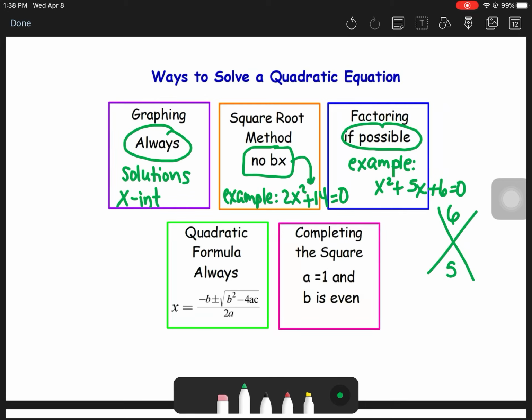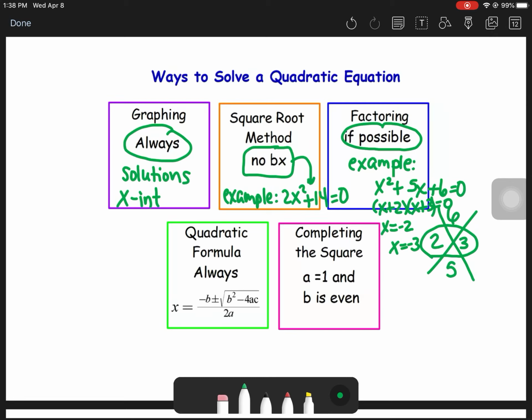What two numbers multiply to be 6 and add up to be 5? And that would be 2 and 3. So when we factor, we get x plus 2, x plus 3 equals 0. So our solutions are x equals -2 and x equals -3.